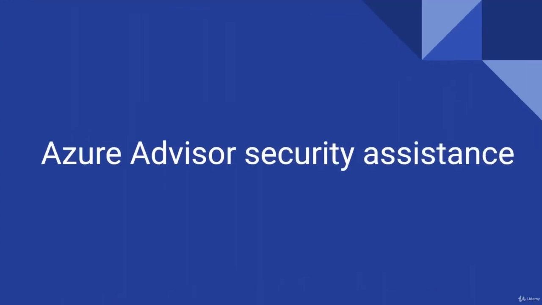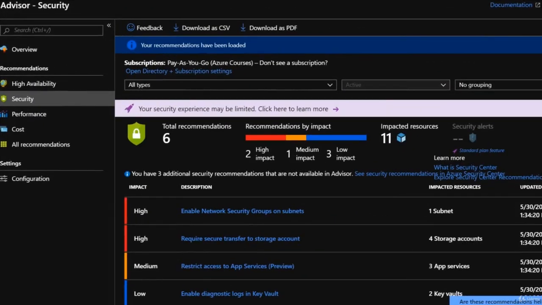So Azure Advisor is a feature of the portal, again, recently introduced, a very cool feature that makes recommendations to you. It runs every few hours and analyzes your account for ways you can improve it. There is a security tab, and so if you go into the security tab of your Azure Advisor, you're going to see a bunch of security warnings. Now, there's a relationship here between the Azure Advisor security tab and the Azure Security Center recommendations.